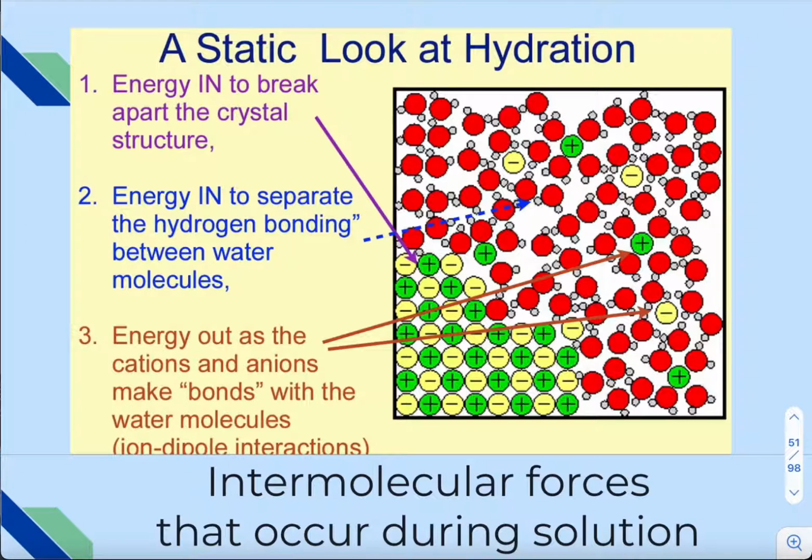However, energy is going to be released as those ions start to go and make connections with those water molecules. Okay, so you'll see here the negative ion is connected to the two positive hydrogens, and then we have positive ions that are connected to the negative oxygens, and all of that stuff. Okay, that's what's releasing the energy.